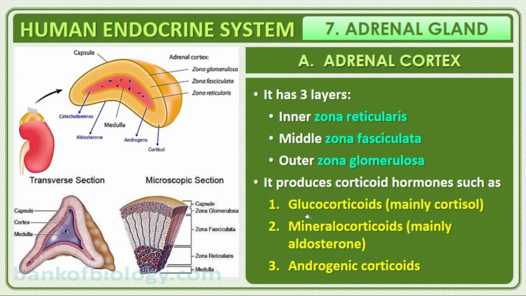Listen carefully. What are the productions of corticoid hormones by the adrenal cortex? Glucocorticoids, called cortisol. Mineralocorticoids, mainly called aldosterone, and androgenic corticoids. These are the total production of the adrenal cortex.